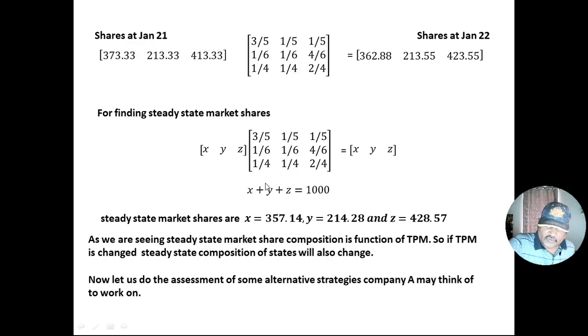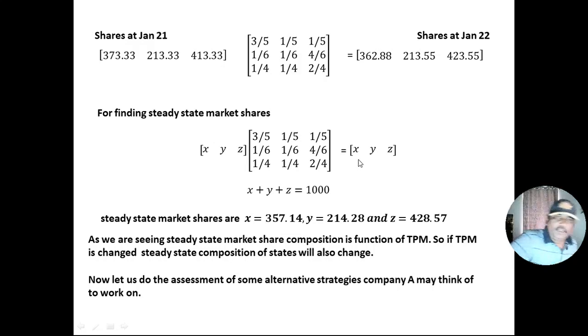If, suppose, you do not know the total number of customers, you can always take x plus y plus z equal to 1, where x, y, and z are the proportions of the customers of A, B, and C. So this equation is always going to be there. Right now it is in the form x plus y plus z equal to 1000, but if you don't know 1000, then you can take the right hand side equal to 1.